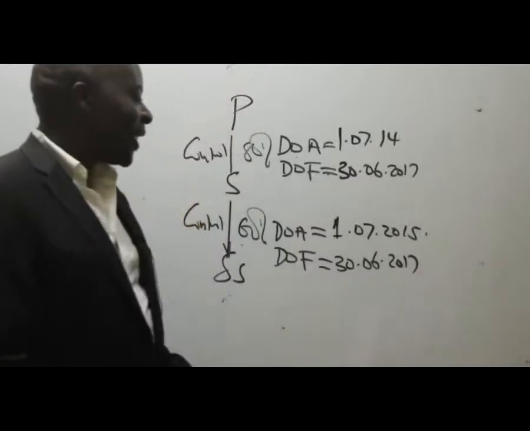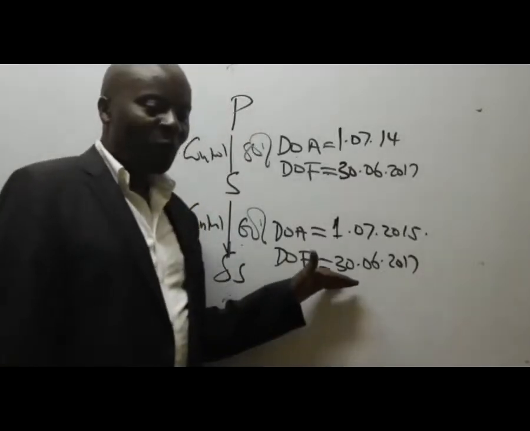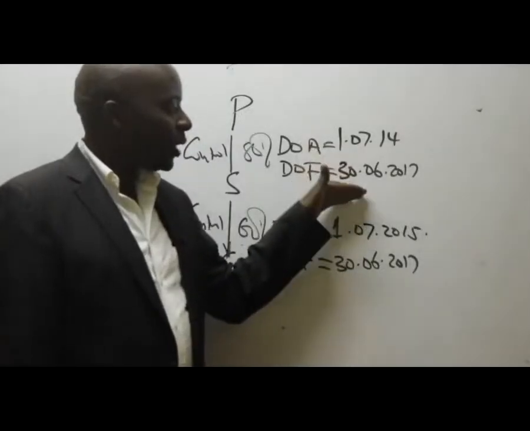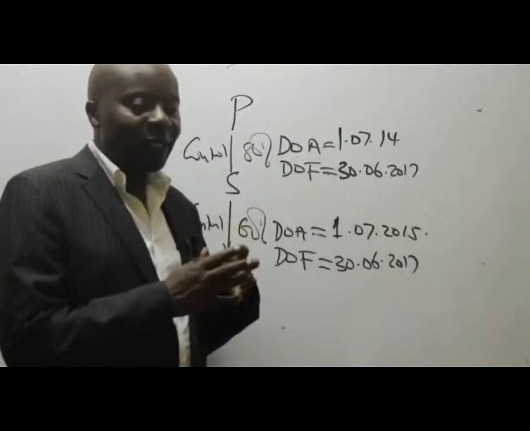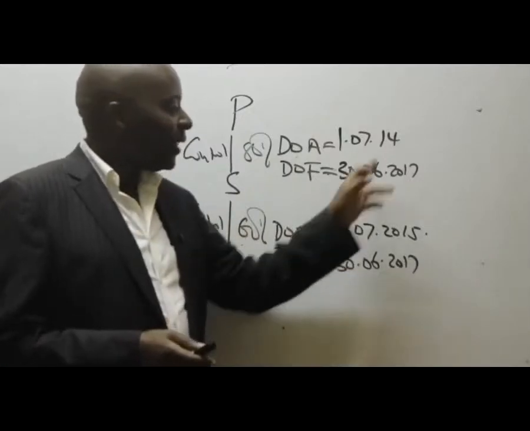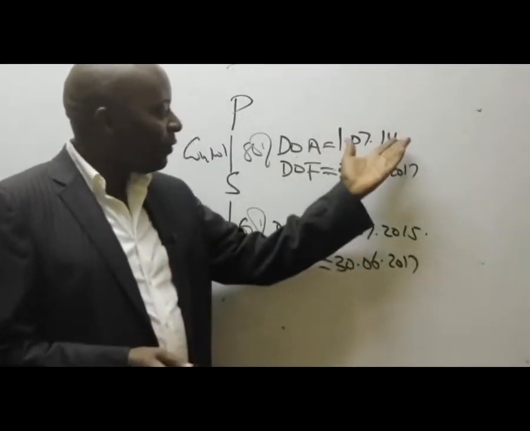This does not scare me at all, because when I look at both cases, ladies and gentlemen, we are seeing that we have got more than a year. The time differences here could be like 4 or 5 years.